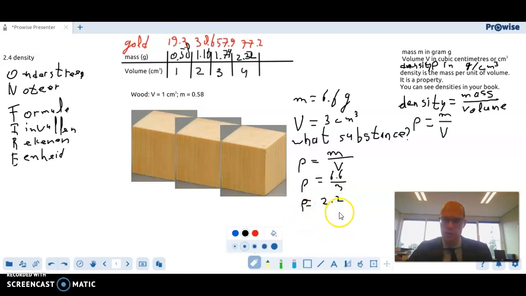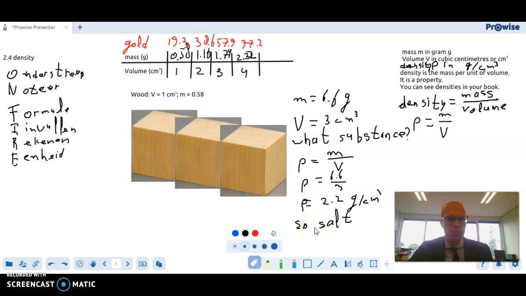And then eenheid or units, the density is always in grams per cubic centimeters, so we just put down grams per cubic centimeters afterwards. And then you need to figure out what it is. Then you go to the table in your book, don't learn it by heart, just look it up, and then I see it is salt. Or kitchen salt.